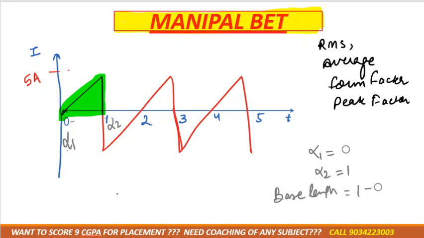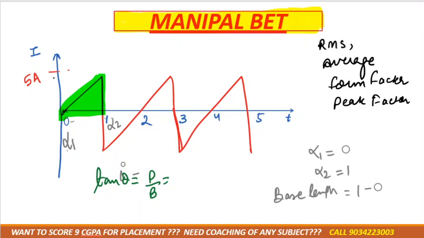And now we need to calculate I, right? How can we calculate I? As you know, this is angle theta, right? So tan theta is how much according to you? Tan theta is perpendicular over base.